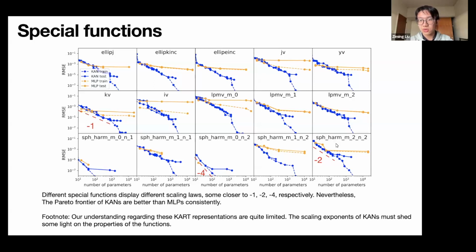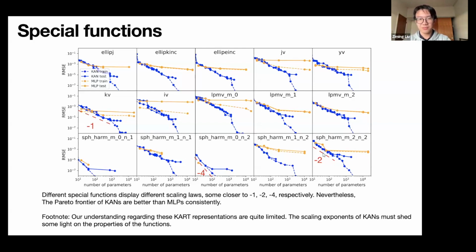But compare this with the M2, N2 spherical harmonic, which has scaling law -2, which is a little bit unsatisfactory. This basically means that this function is not that compositional. But this is the bound one can get from just approximating 2D smooth functions with 2D splines without leveraging any structure.